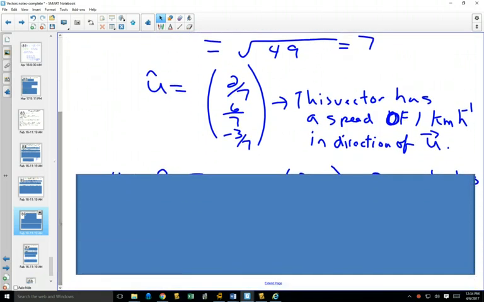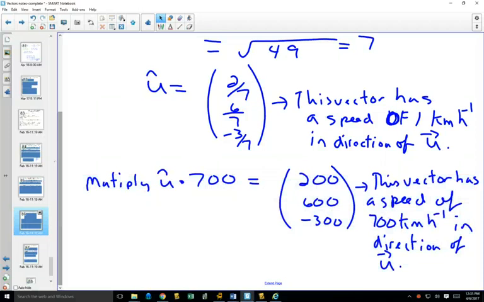And then, if you wanted 700 kilometers an hour, you could multiply that unit vector by 700. It would still have the same direction as before, but now has a length of 700, so it would now have a speed of 700.